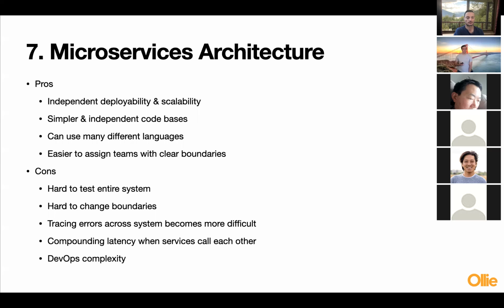The biggest disadvantages are that it's really hard to test the entire system. You don't necessarily have control of how data is represented in the other microservice. You have to have a really good strategy to integrate all of them, to wipe the data, to restart data. And it multiplies. The more languages you have, the harder it's going to get for you there.